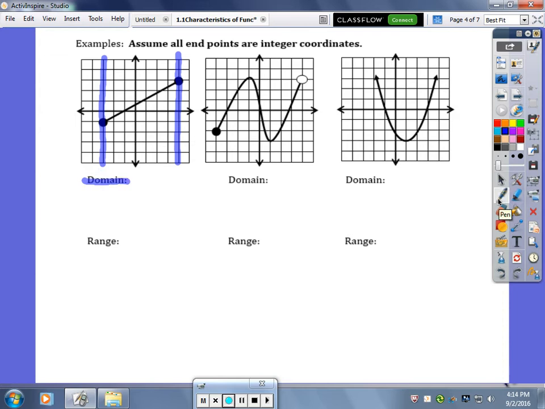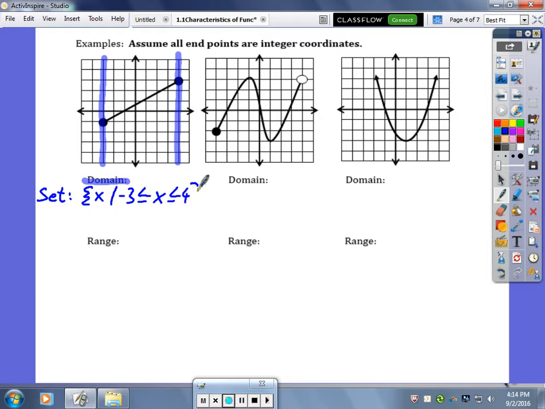For our domain, that means that in set notation we write x such that negative 3 is less than or equal to, remember, this is a closed circle, so negative 3 is part of the curve, less than or equal to x, which is less than or equal to positive 4.